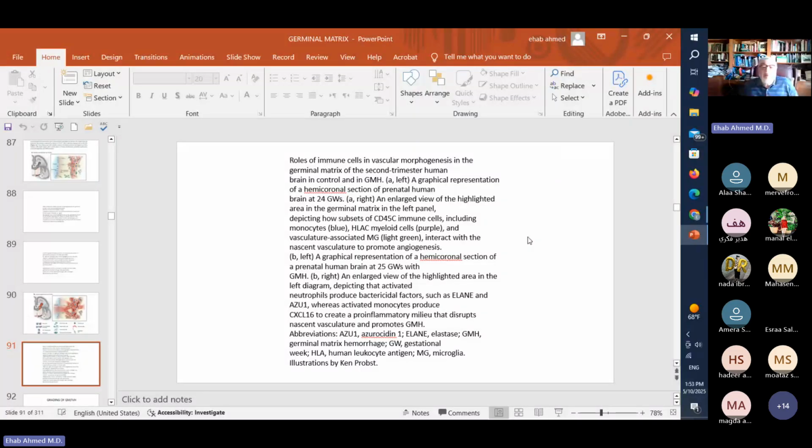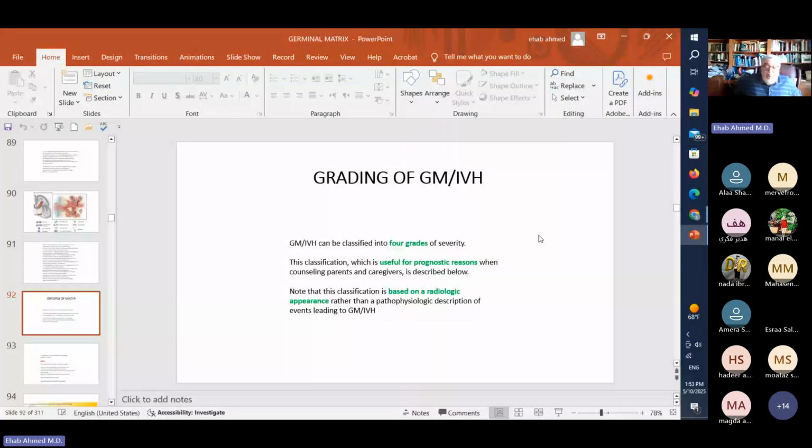Grading. Here comes the most important part of the diagnosis, which is the grading. And based on the grading, the treatment and management will be decided, and also the prognosis.